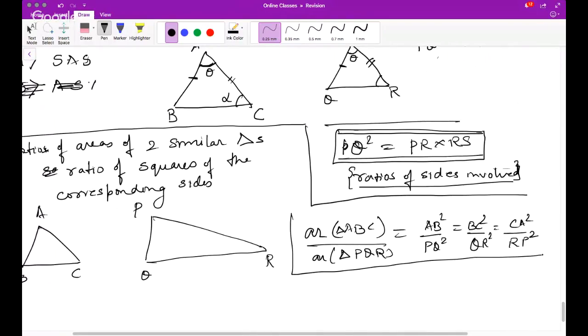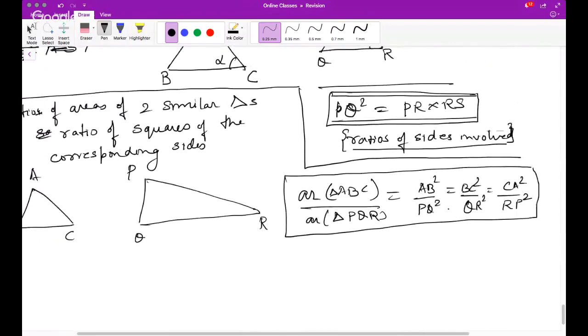This you please remember. I'm not going into the proof right now because we are revising it. If time permits, we'll do that as well.